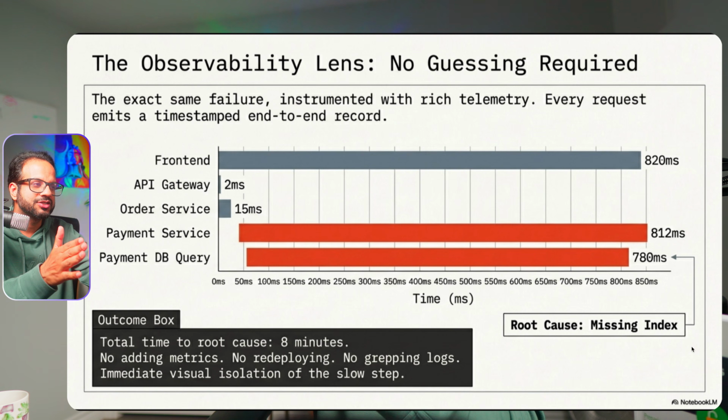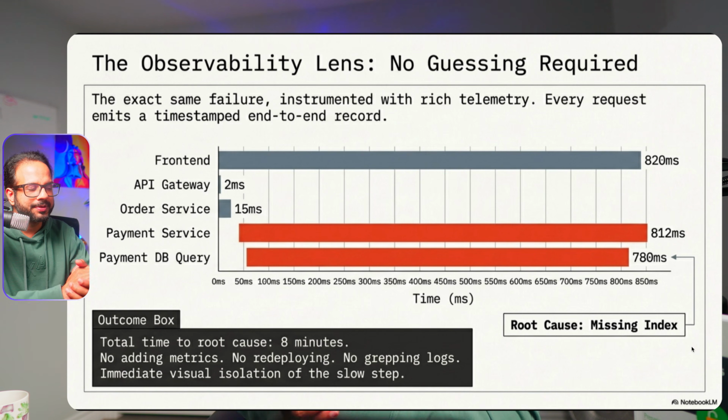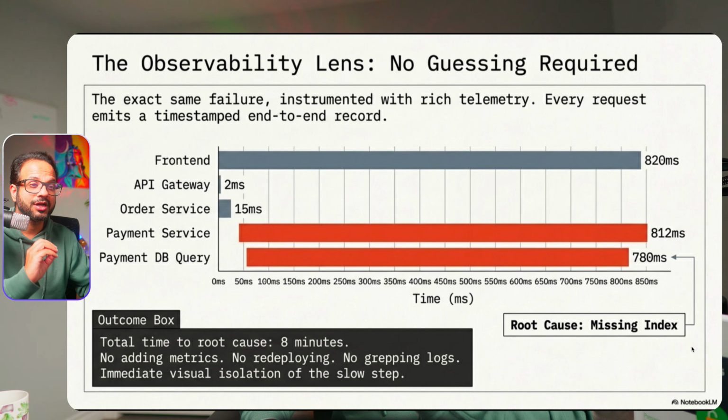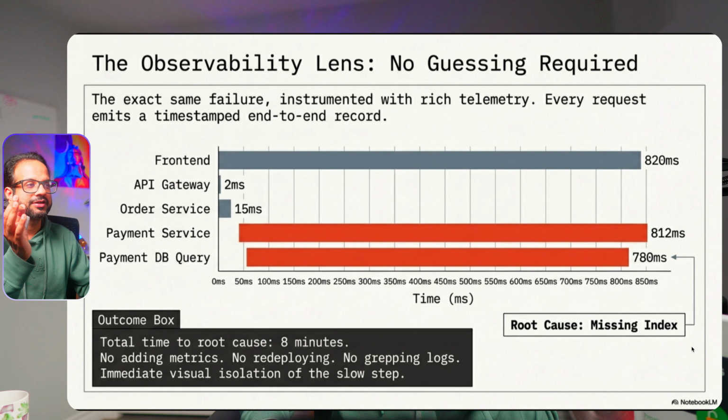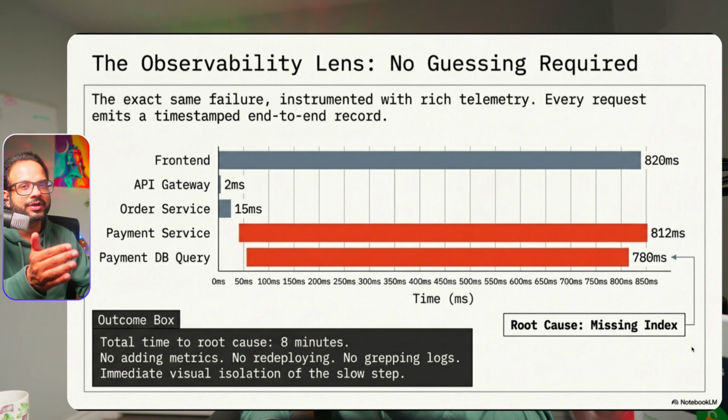We can directly go and check the database and find whatever the issue is. For example, there could be a missing index on the database. That's why the query was slow. So now you don't have to add additional metrics, you don't have to redeploy, you don't have to check anything in logs. You have a visualization of where the execution is slow, and you can directly look into that part.